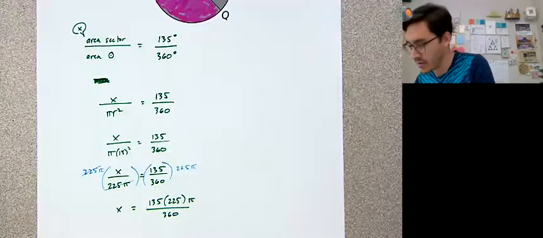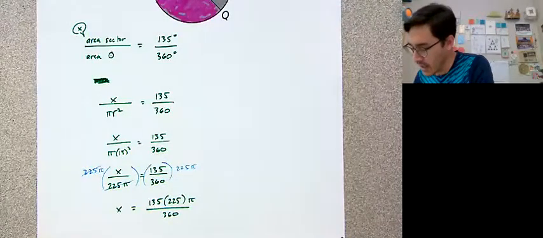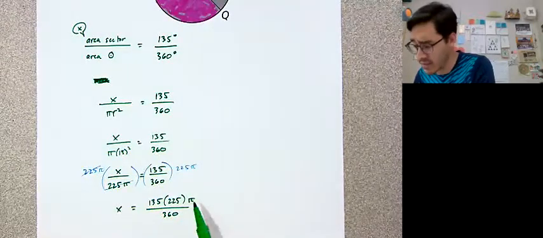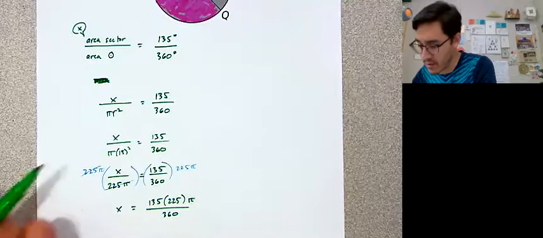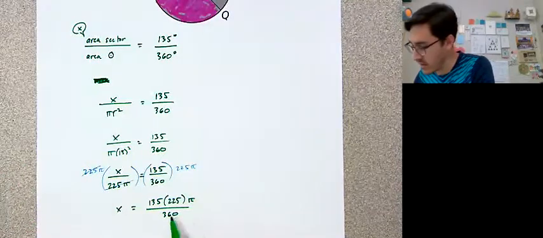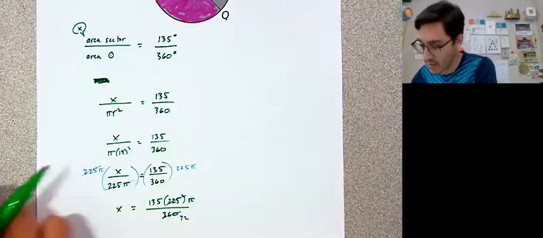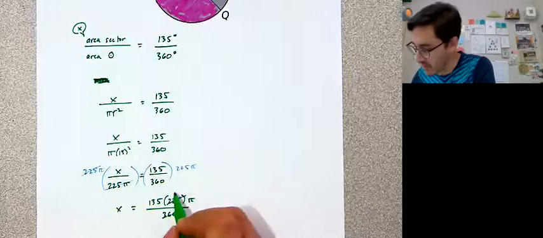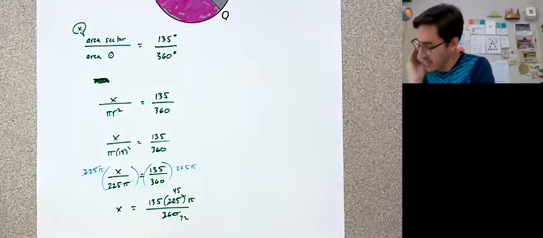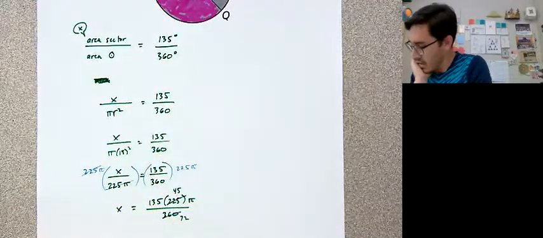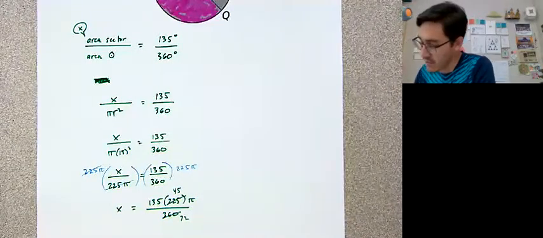Okay, so let's reduce. Let's see. I know that 360 is divisible by 5. It's 72. And 225 is divisible by 5. It's 45. Okay, let's see. 72 is divisible by 3.